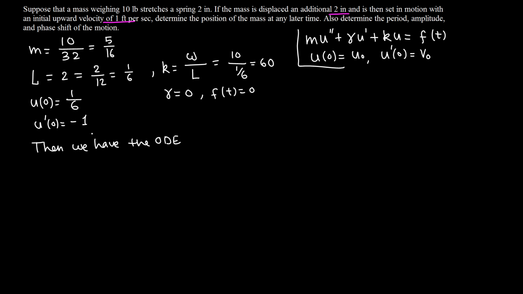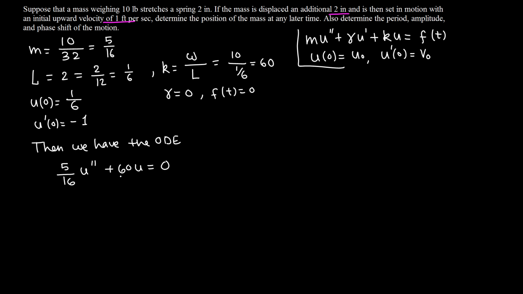So m is now 5/16 u double prime plus gamma is 0, so there is no second term, plus k u, and k is 60, so plus 60 u equals 0. Okay, f of t is also 0.